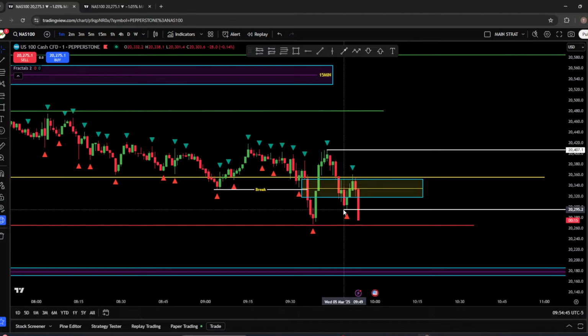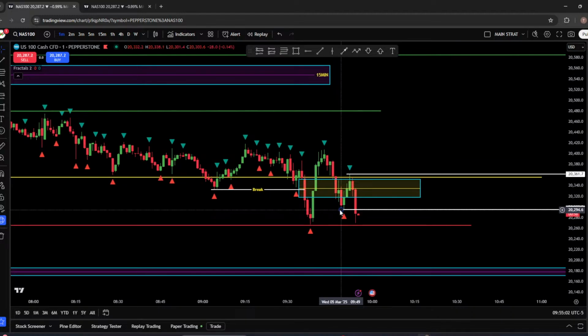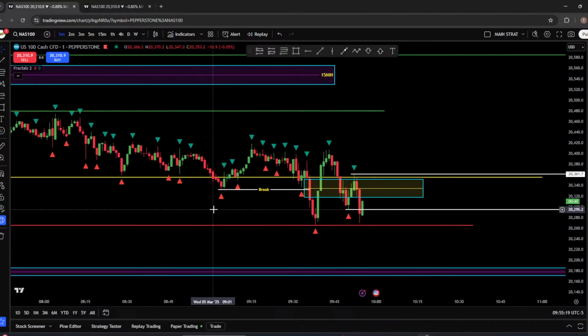Right, potential shift here. We might have to handle the noise. I just don't like the fact that it didn't print that fractal right away.